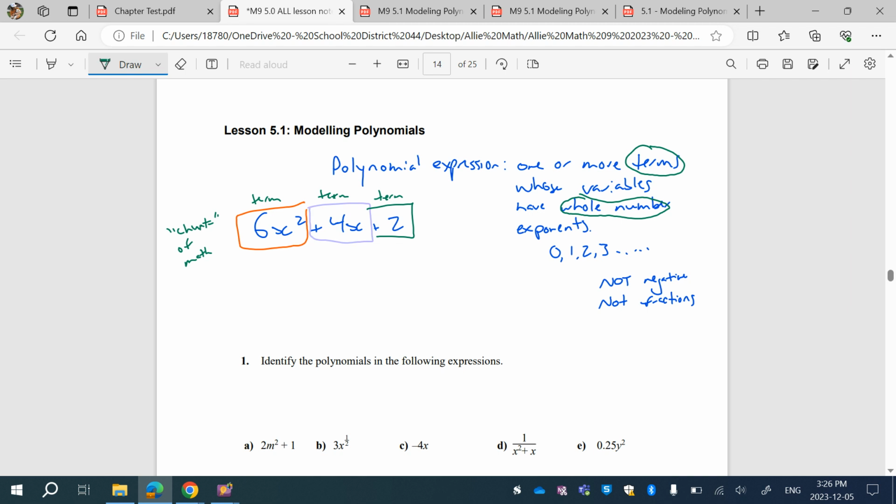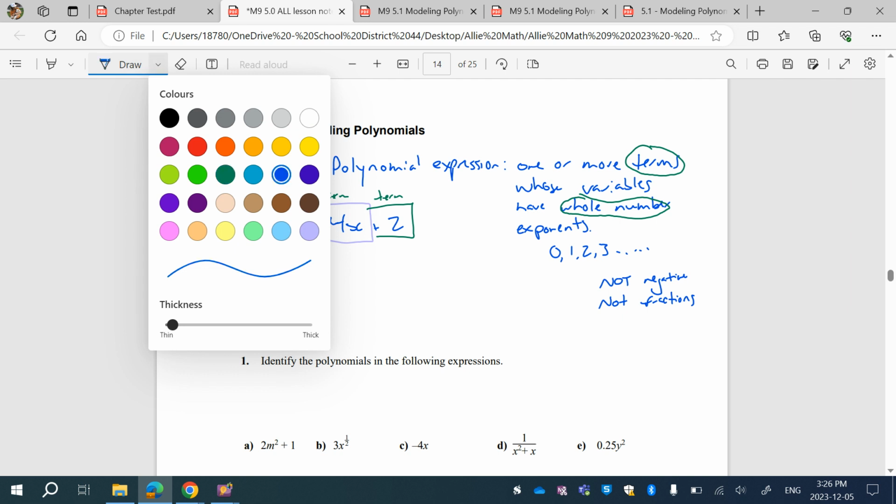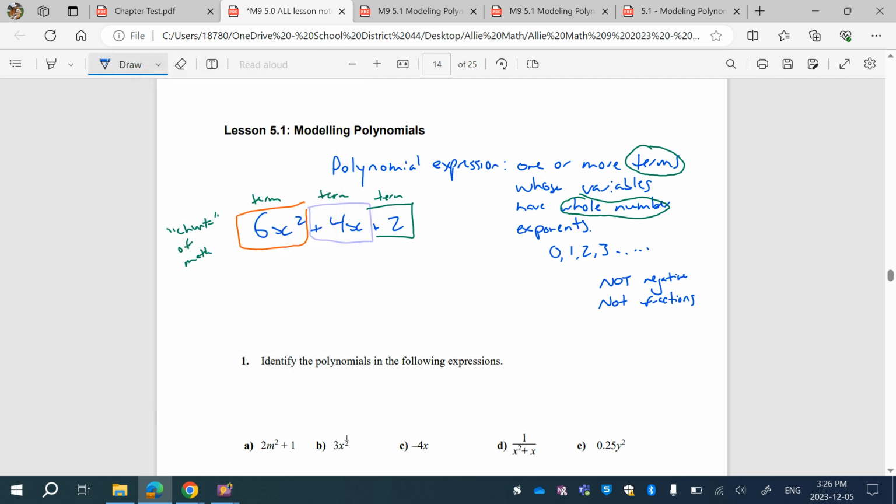And as we go, there are a few other important words to remember. We have gone over them before, but let's go over them now. This would be the coefficient, a number that is being multiplied by a variable. Another one would be a variable.